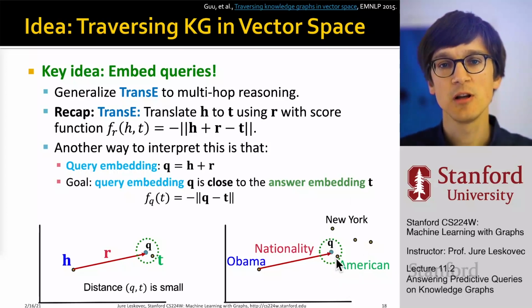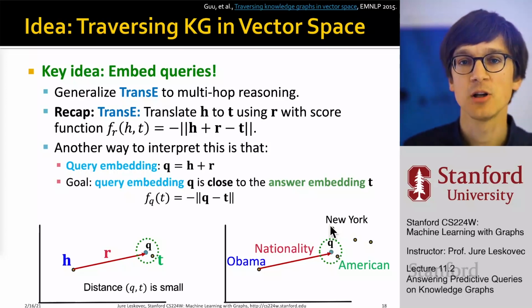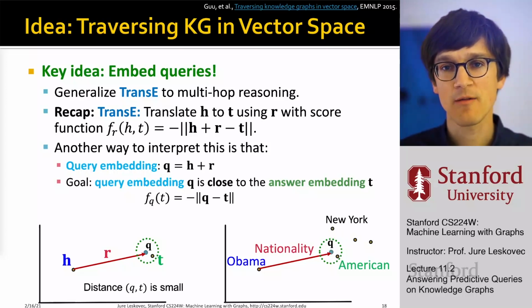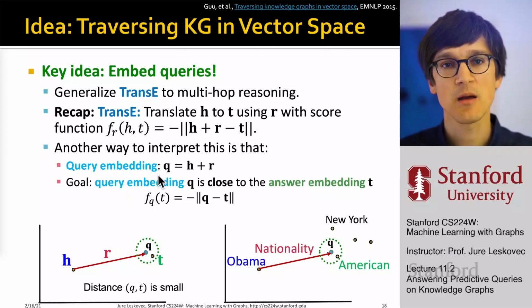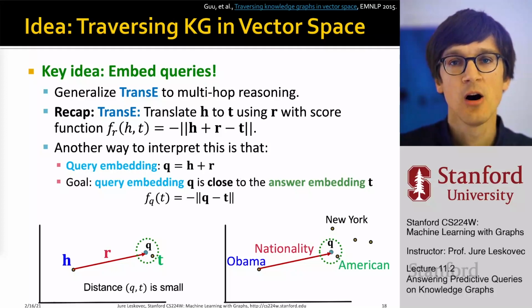I want the distance between Q and American to be small, and I want the distance between Q and New York to be larger, because the answer to the nationality of Obama is American, and it's not New Yorker. So that's essentially the idea. Embedding the query in this case is very easy. I start with the anchor entity and add a relation vector to it. Then I want the answer entity T to be embedded very close to the embedding of the query. That's the idea of TransE.